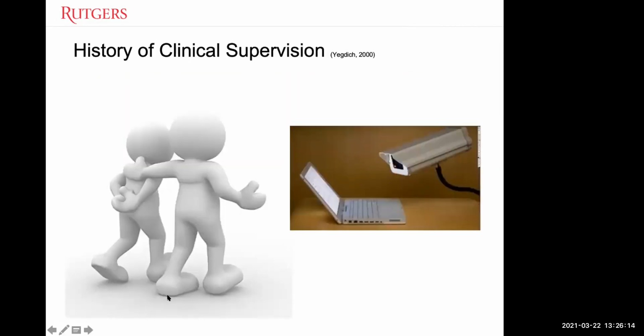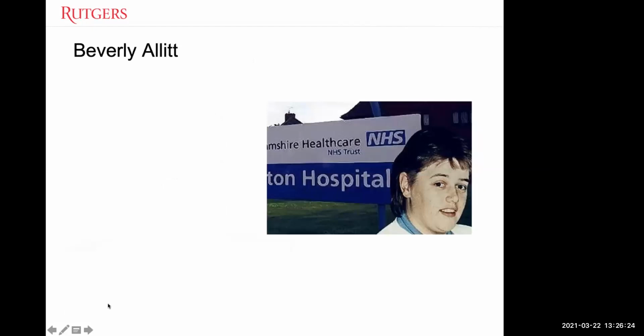So let me jump right now to a little tidbit on the history of clinical supervision. This comes from Carol Yedich, and she described this in England. She describes this woman, Beverly Allitt, who was accused of killing, I hate to bum you guys out, quite a number of young folks in an institutional setting. These folks had pretty significant developmental disabilities.